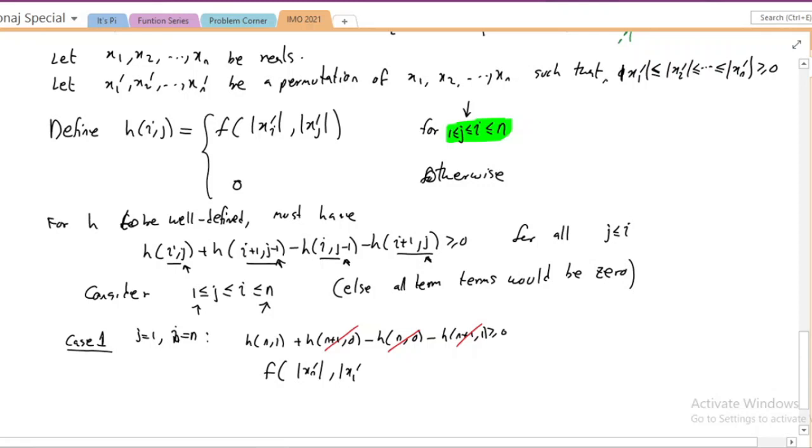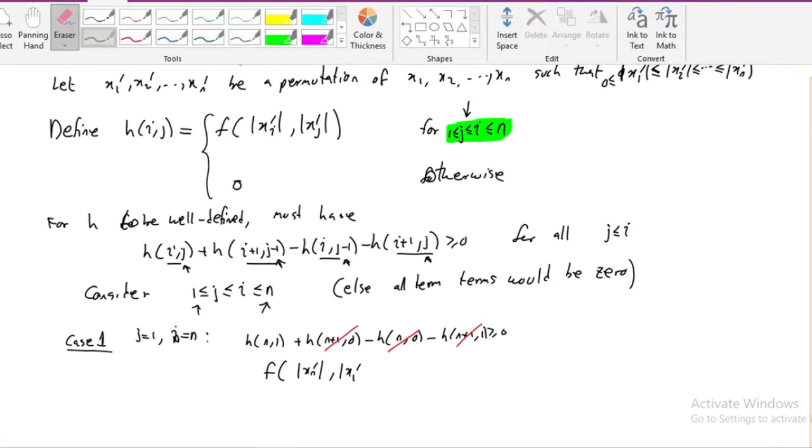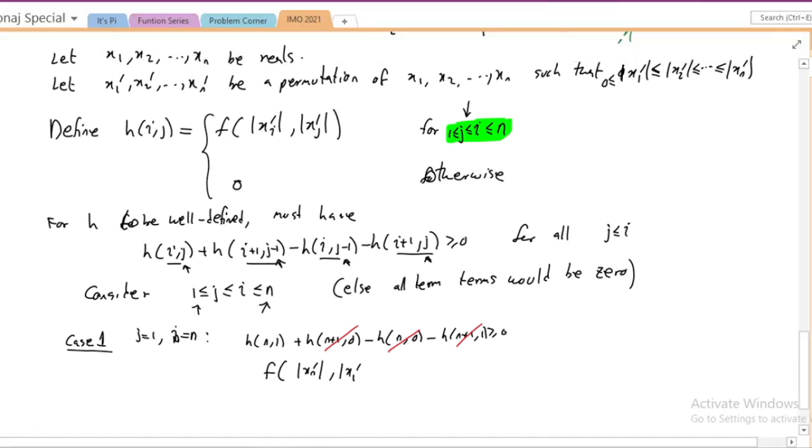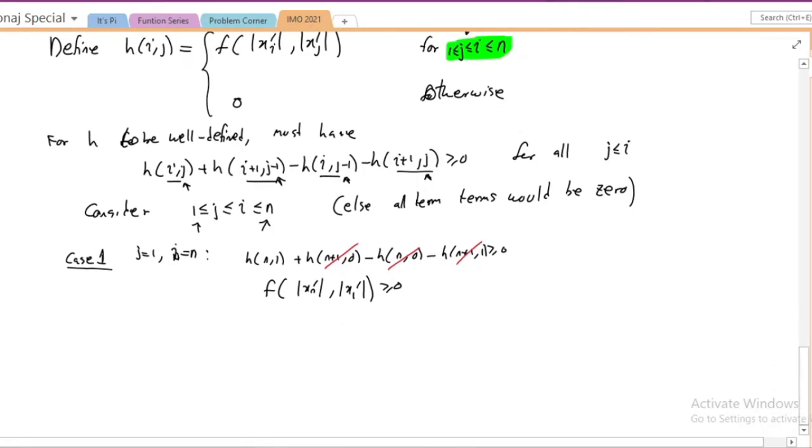I think I flipped it. Sorry for the confusion that might cause. All right, so I just want the higher subscript to feel higher as well. Okay, so we have this is greater than or equal to 0. We'll come back to this and let's look at another case.